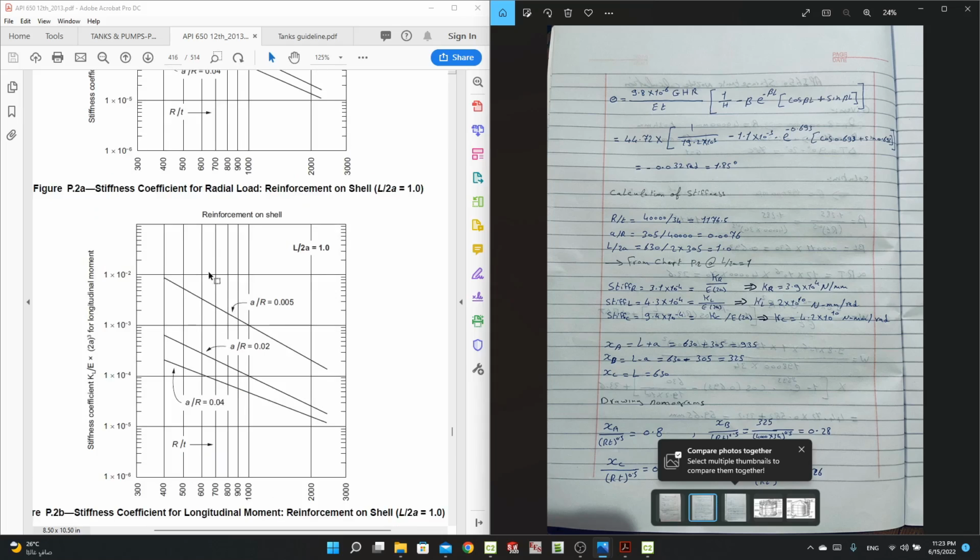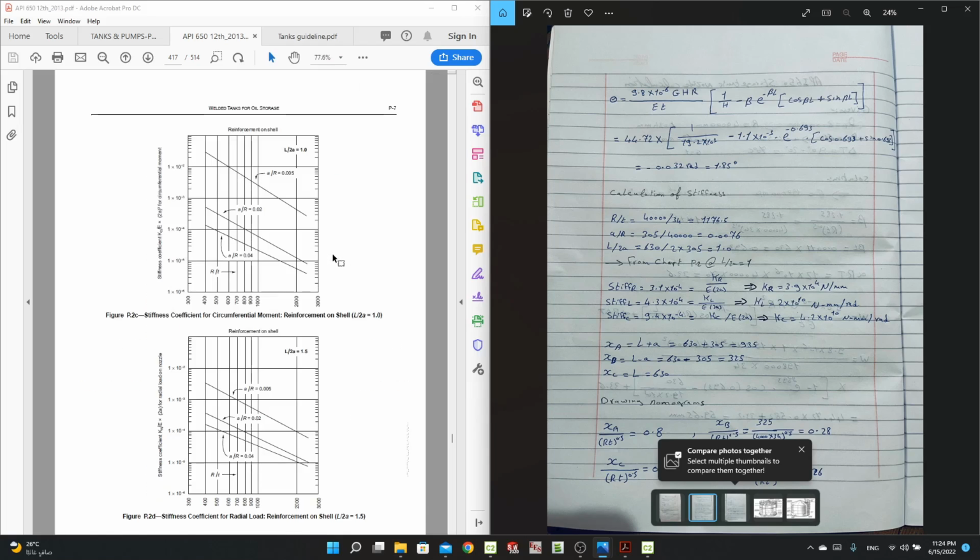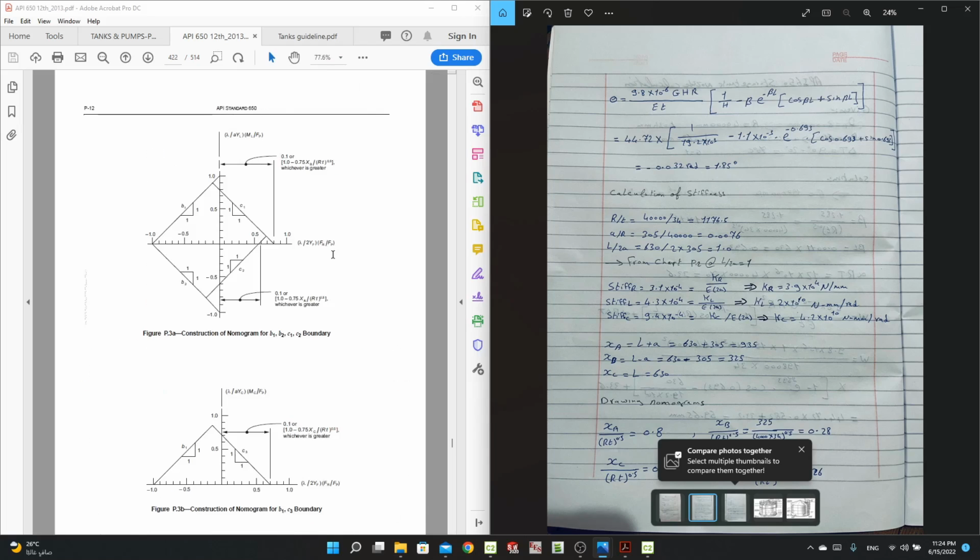Here we will get the longitudinal in the same way that I've explained to you before, and here we will get the circumferential. When we get these 3 numbers, we can substitute them in these 3 equations, and we can get the stiffnesses for the radial and the longitudinal and the circumferential.